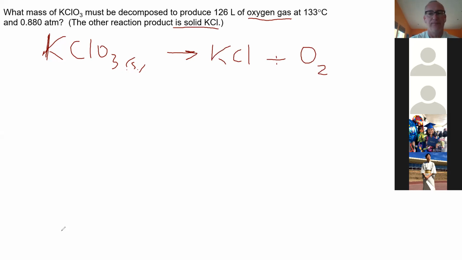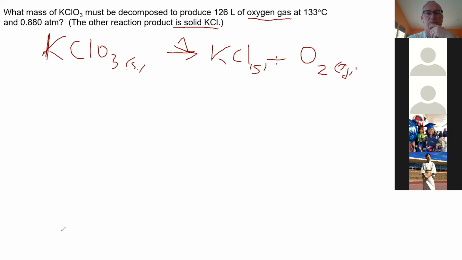No. Nope. So somebody balance it for me. Decomposed means you put some heat on it, and that's what this triangle over the arrow means. It means you add heat. It decomposes into this solid and this gas. Somebody needs to balance that equation for me.